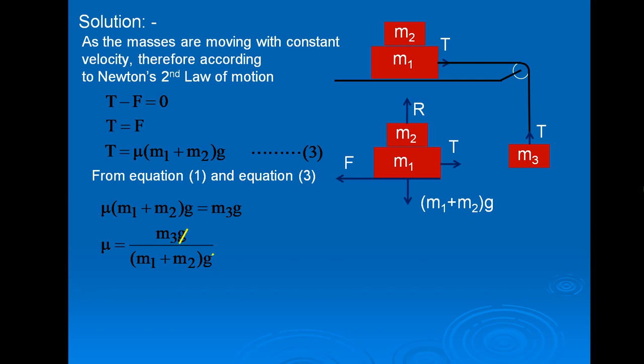Now g and g cancel with each other, therefore mu is equal to m3 upon m1 plus m2. Putting the values of m1, m2 and m3, mu is equal to 2 upon 8 plus 2, or mu is equal to 2 upon 10, which is 0.2. Let it be equation number 4.